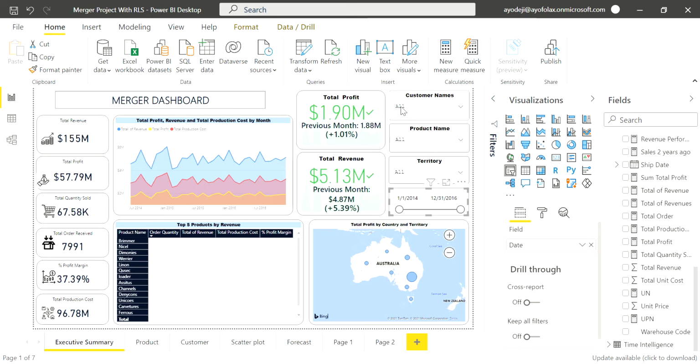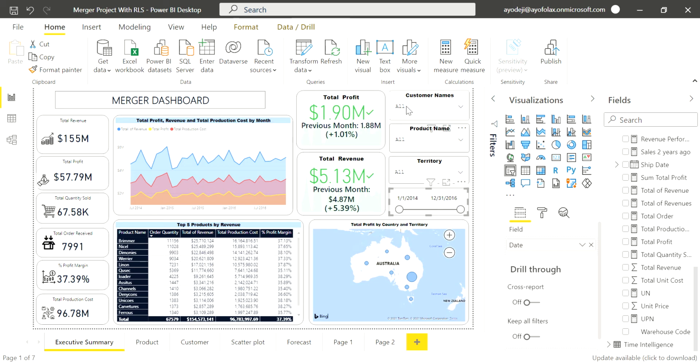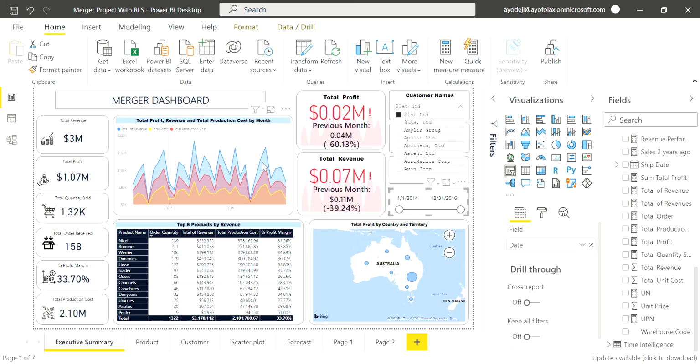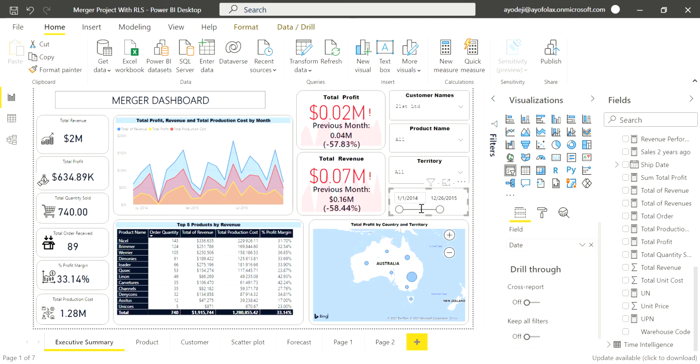There are slicers here to make the report more interactive in order to view the sales by each customer. For example, 21 ST Limited brought a total profit of 1.07 million across this period. We could also filter it to know the profit between 2014 to 2015. We could also see the flow of the revenue and all that.